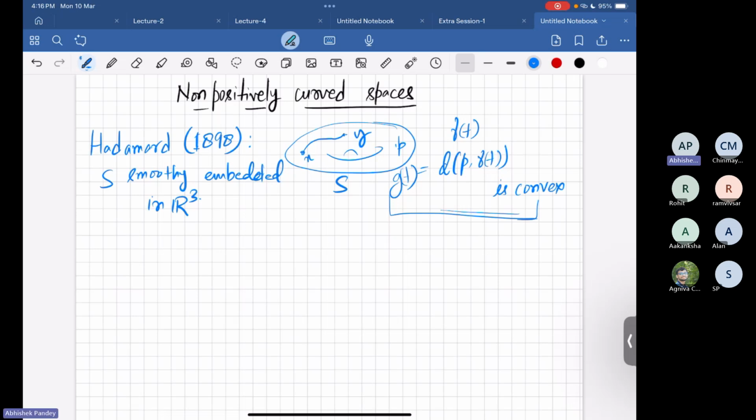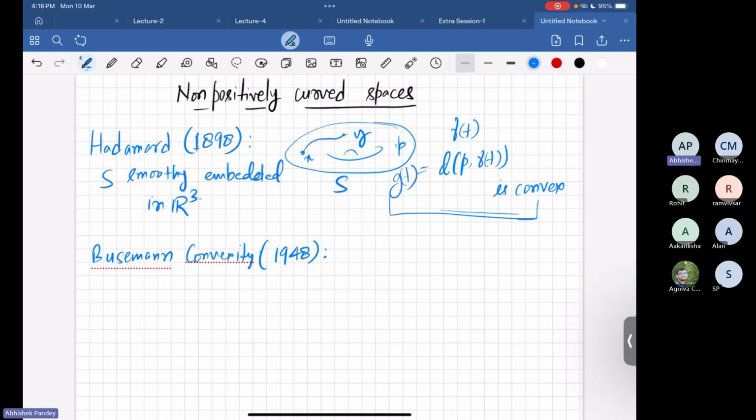And in 1948, Busemann introduced his notion of convexity. Busemann took this observation to define the notion of non-positively curved spaces for a general metric space.